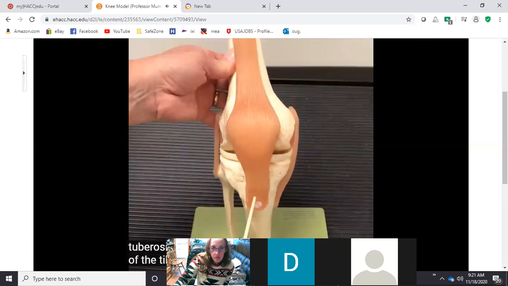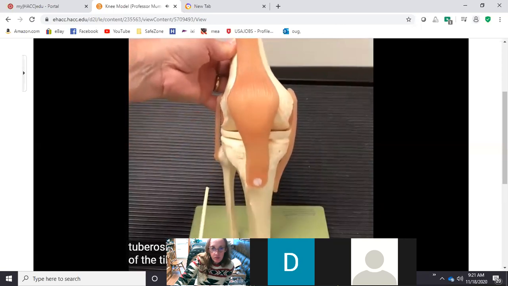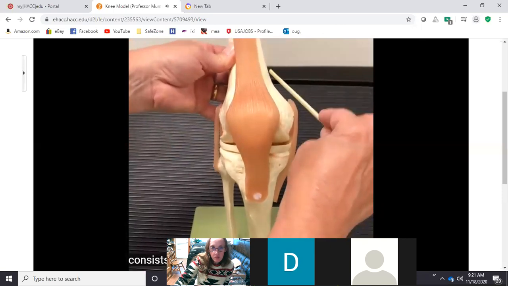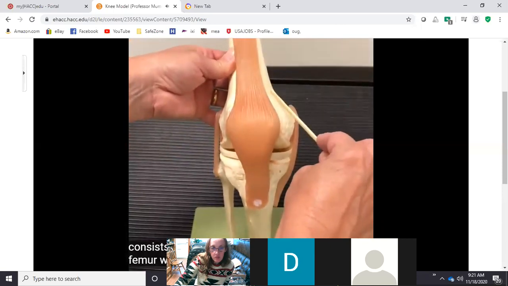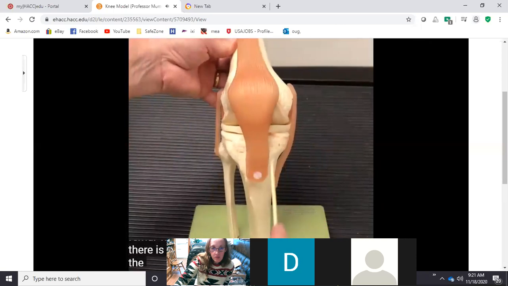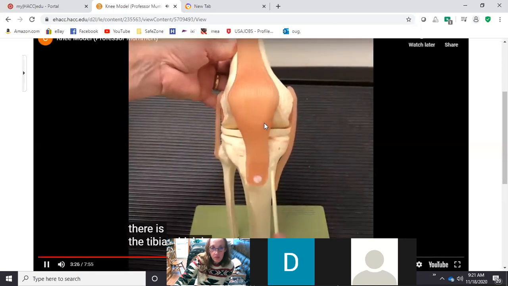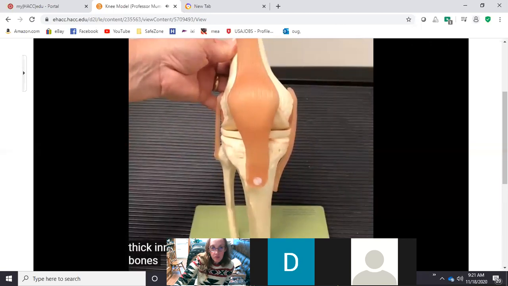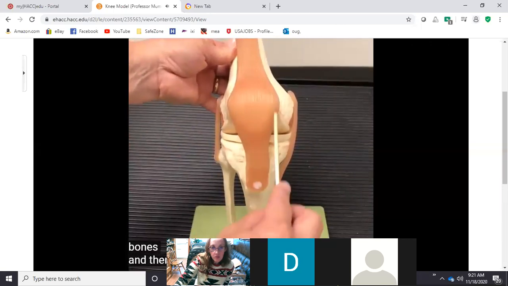You can see that this joint consists of 3 bones. So there is the femur, which is the large thigh bone. There is the tibia, which is the thick inner bone of the 2 lower leg bones. And there is the patella.